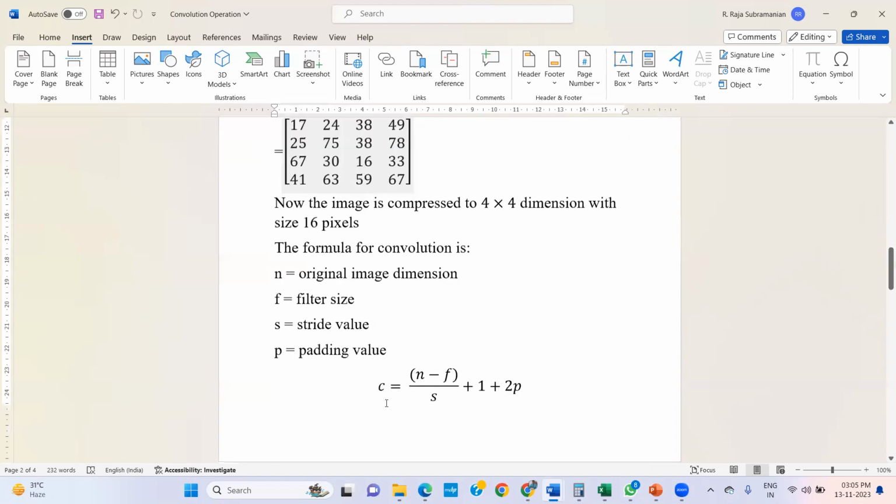So this is the formula: the compressed image dimension will be equal to (n minus f plus 2p) divided by s, plus 1, where n is the original image dimension, f is the filter size, s is the stride value, plus 1 constant, and p is the padding value. Here we haven't done any padding.